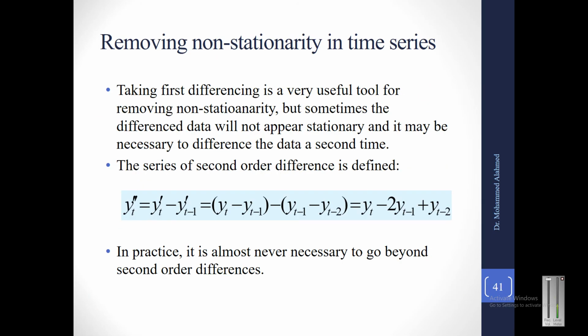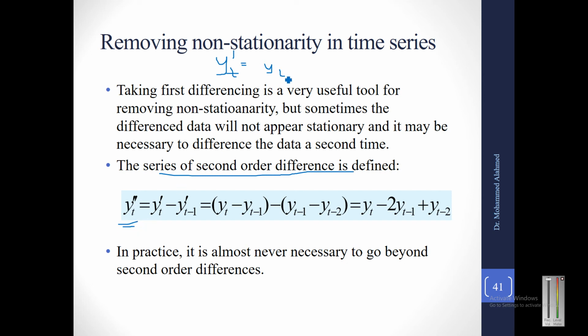Now how do you remove non-stationarity? In the previous case we did a first order difference, right? For the first order difference we just took Yt minus Yt minus 1, so it will be Y dash t. The second order difference is defined in this particular way.